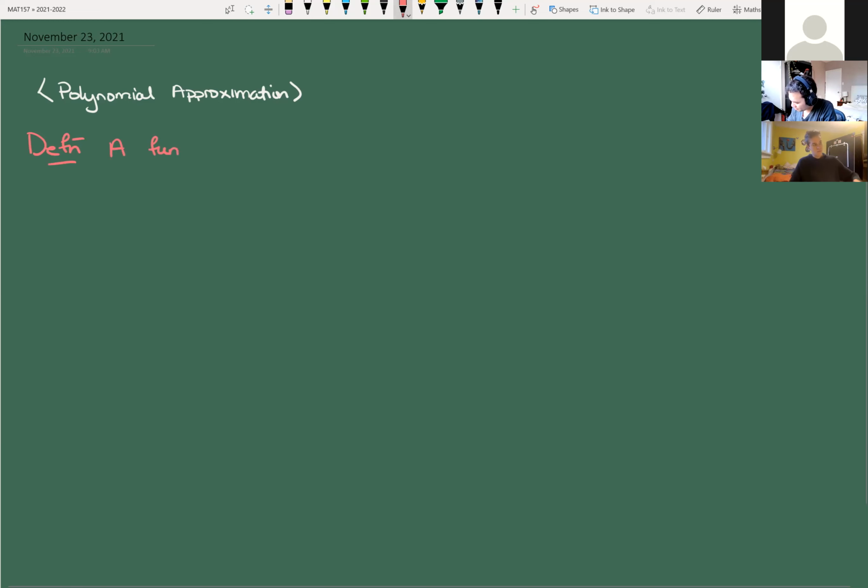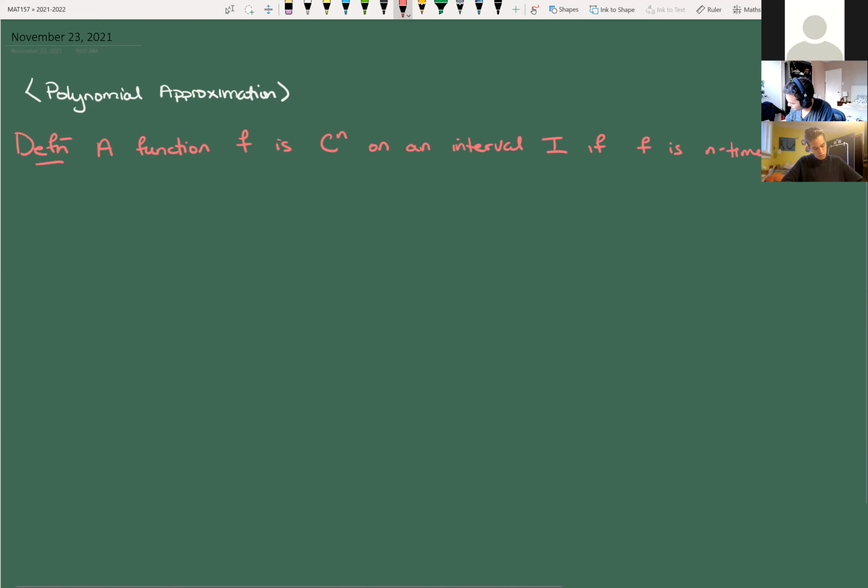A function f is C^n on, let's say, an interval I, if f is n times differentiable, and the nth derivative is continuous, and all of that occurs on the interval I. So we talked about C^1.